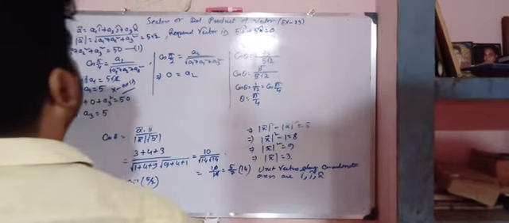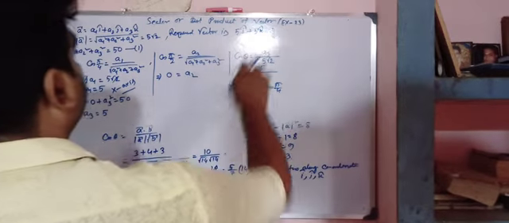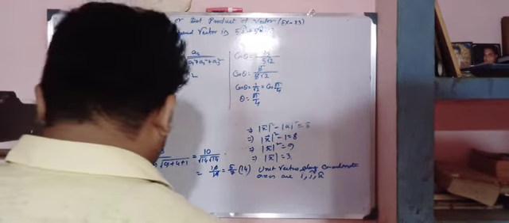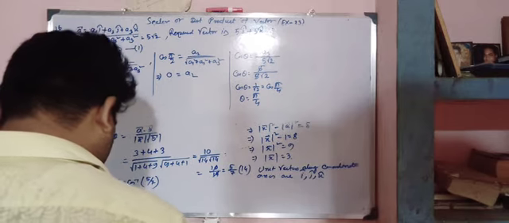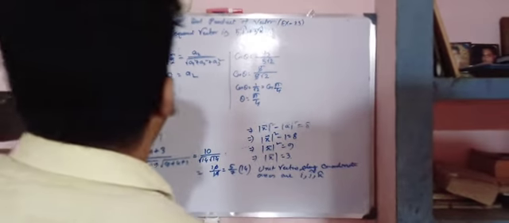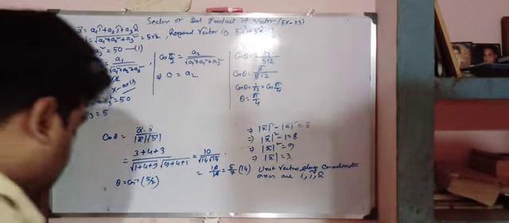So it is 5 i hat and 5 k hat. That is my required vector. This is question number 16. Okay, so next move to another question without delaying.